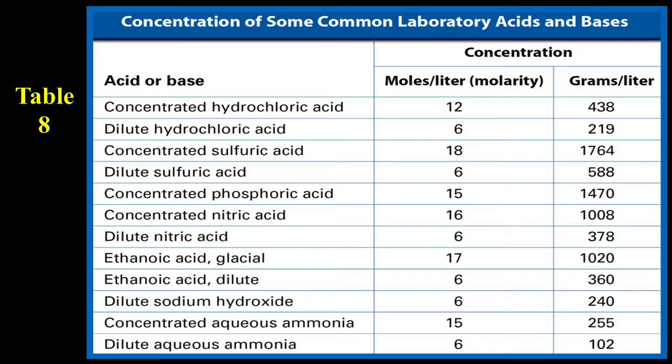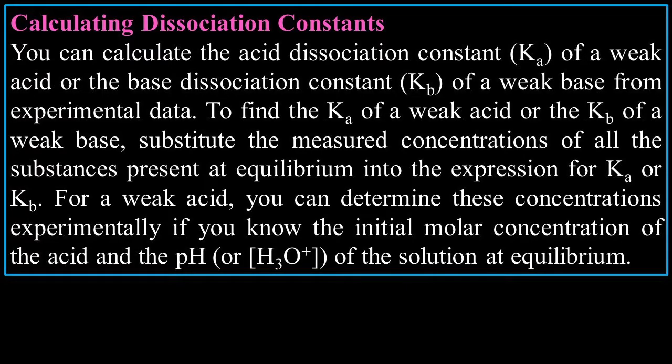ethanoic or acetic acid. Calculating dissociation constants. You can calculate the acid dissociation constant Ka of a weak acid or the base dissociation constant Kb of a weak base from experimental data.